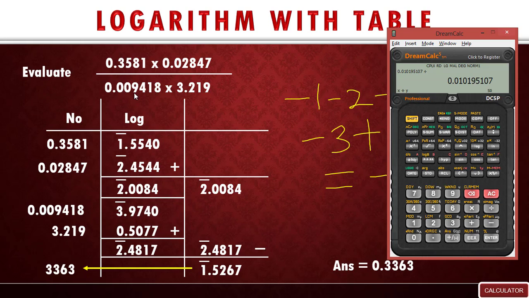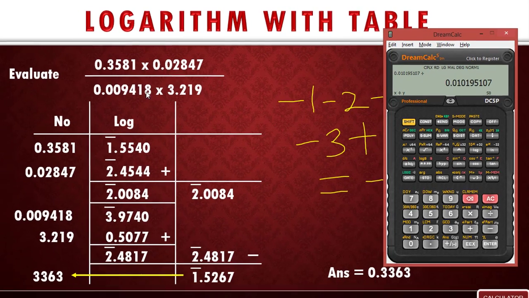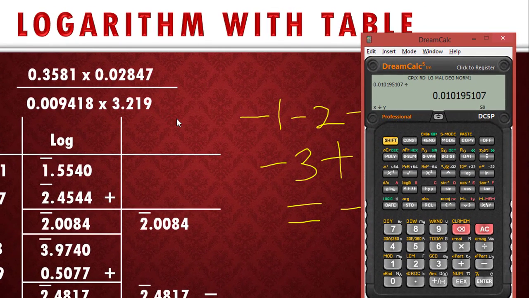And this time around, because we have 2 numbers here, what I want you to do is to put both of them in brackets so that you can get the right answer, because if you don't put them in brackets, you will get a wrong answer. So put them in brackets. This is the open bracket and this is the closed bracket.